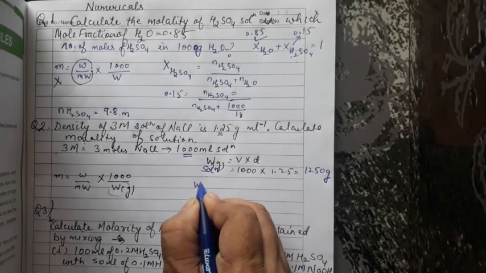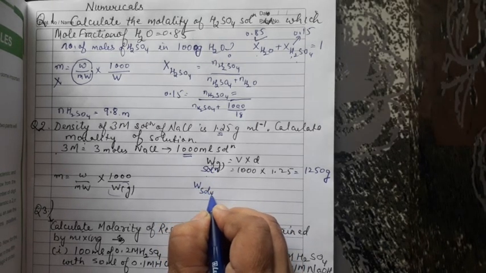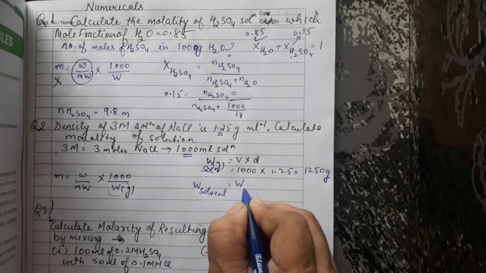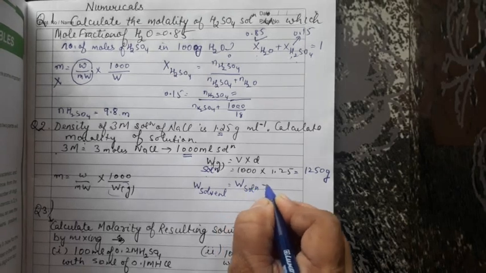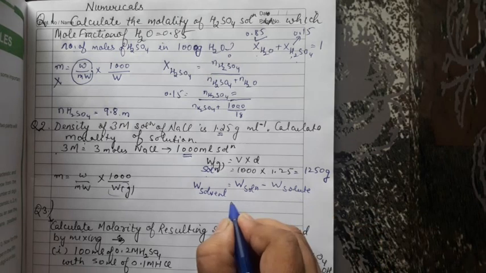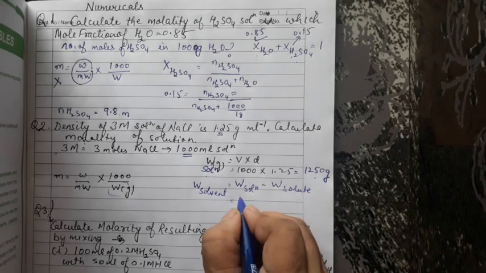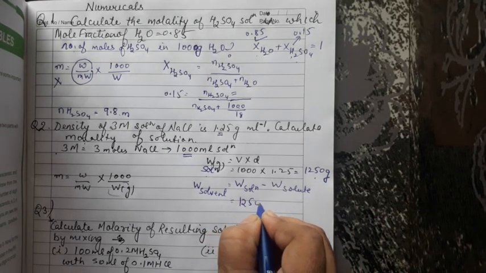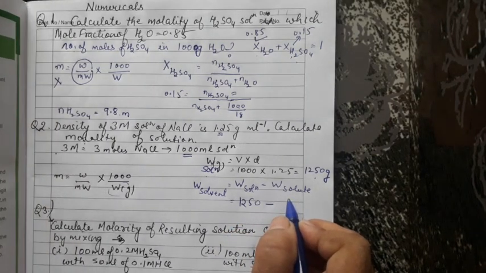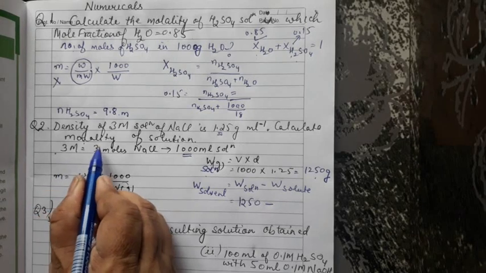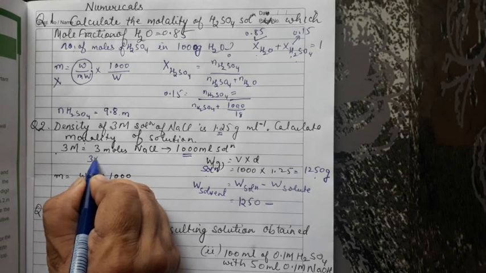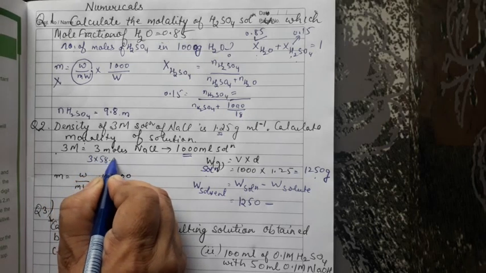Now what is weight of the solvent? Weight of the solvent will be equal to the weight of the solution minus the weight of solute. What is the weight of solution here? We got this 1250. What is the weight of the solute? We will find the weight of the solute. How we will find the weight of the solute? We know 3 moles. 3 moles means 3 into 58.5.